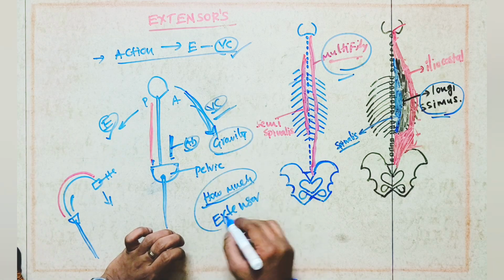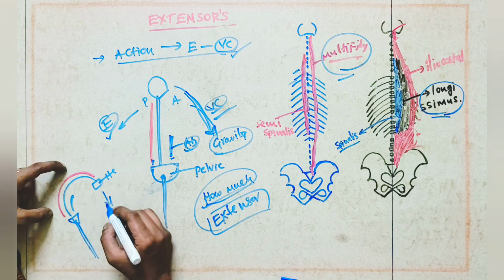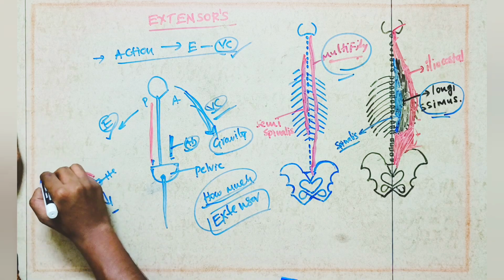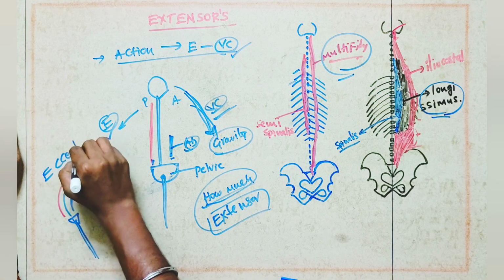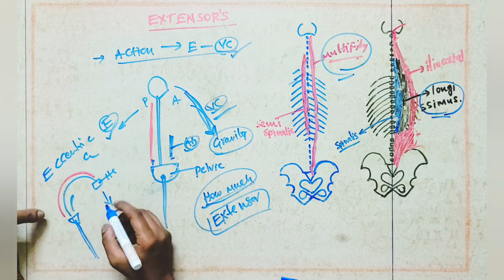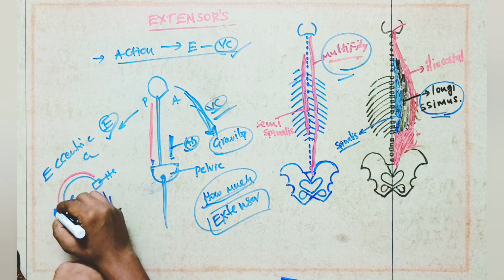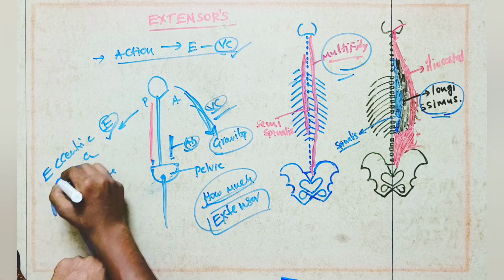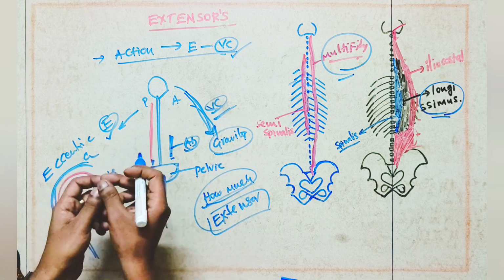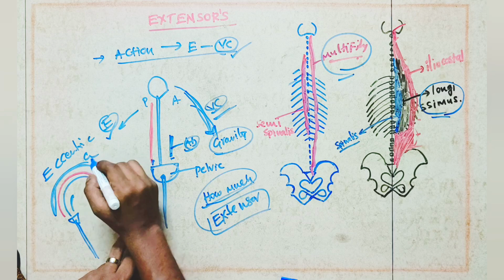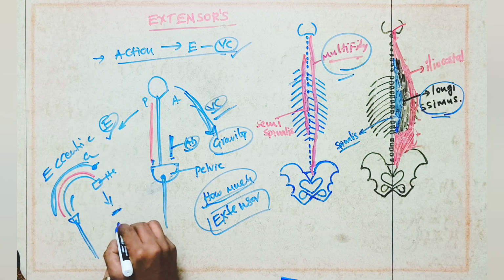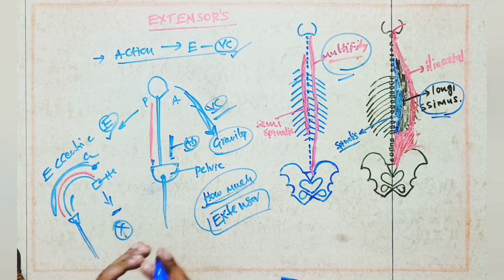So when we are doing flexion, the extensor muscle groups undergo eccentric contraction. Eccentric means lengthening. Once we reach the end point of flexion, the extensor muscles are not able to stretch more, and because of that our flexion movement will stop.